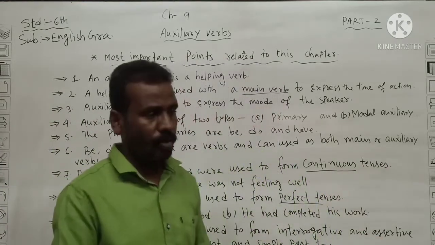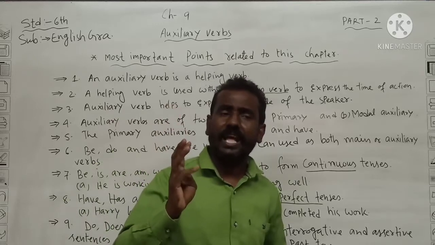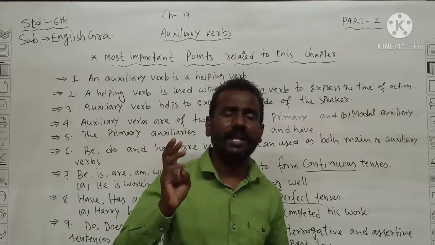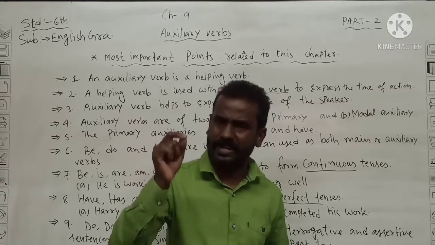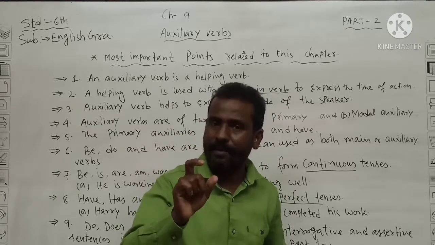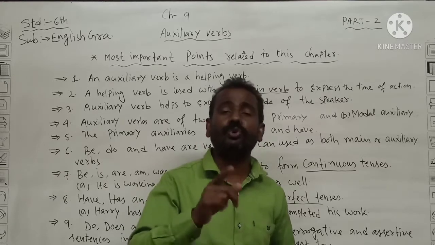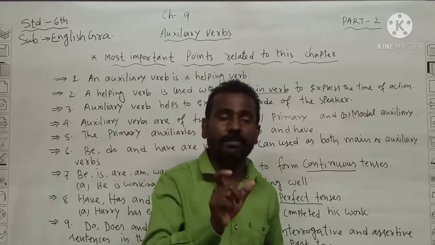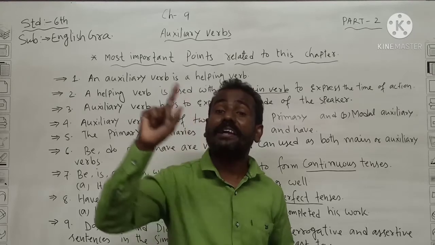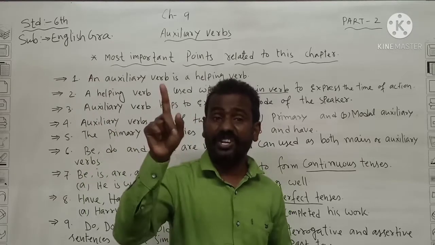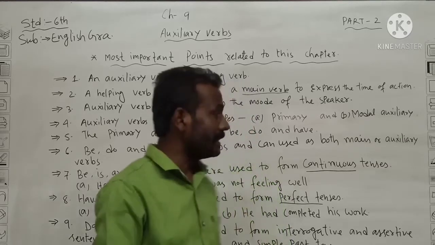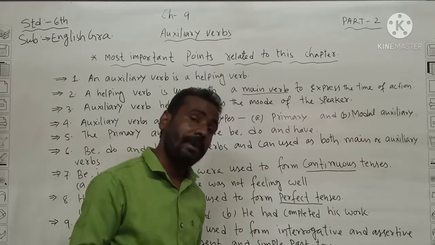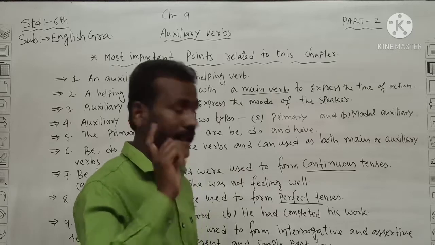I am saying now with I, you, we, they, and more than one person, use have. After have, use V3. That means past participle, verb का third form, and then object. Then you can make the perfect tense.